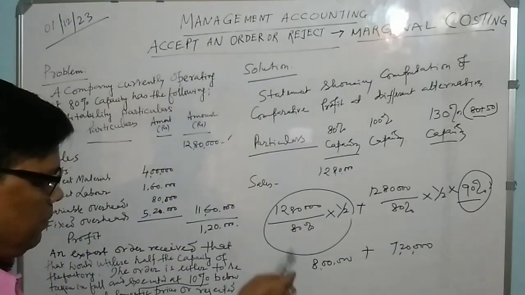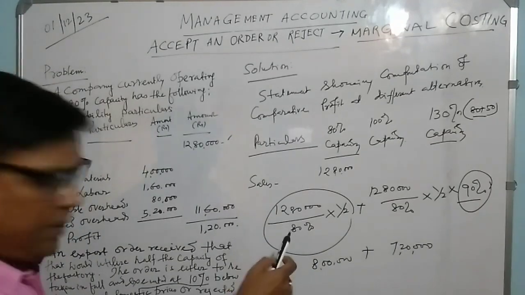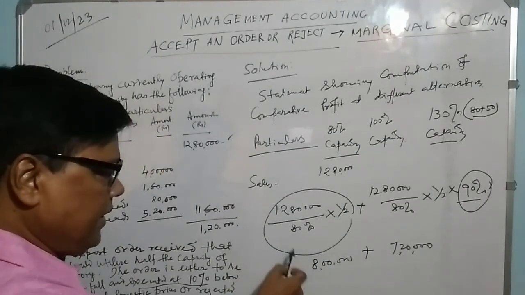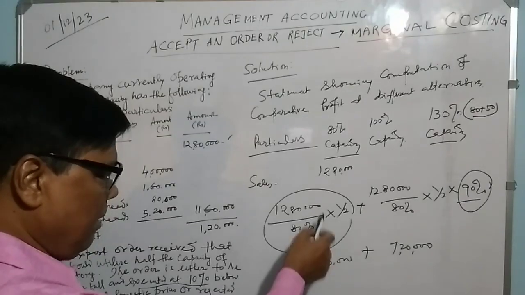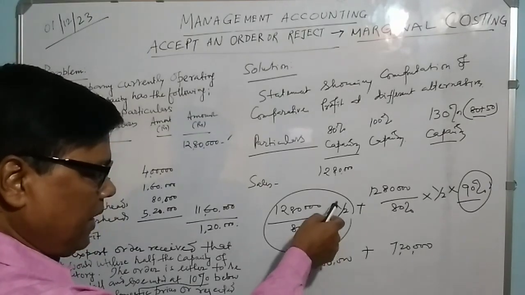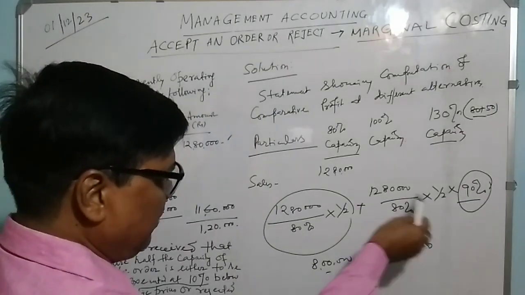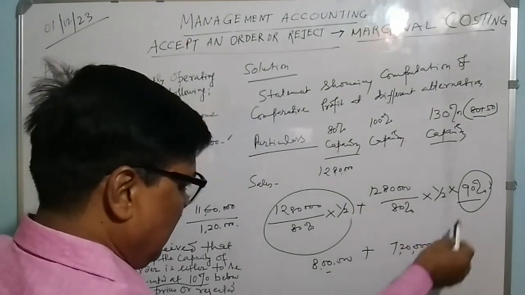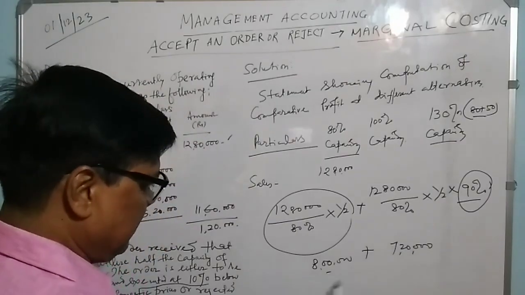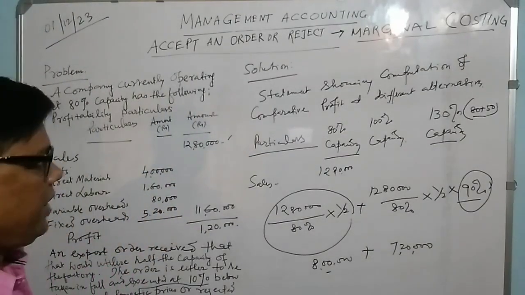You see that? Very simple to solve. 80% means 80 by 100, that is 4 by 5, that means 5 by 8. So 8 multiply, solve, this will come. Similarly, this will be that. Out of that 8 lakhs, 90% is 7,20,000.